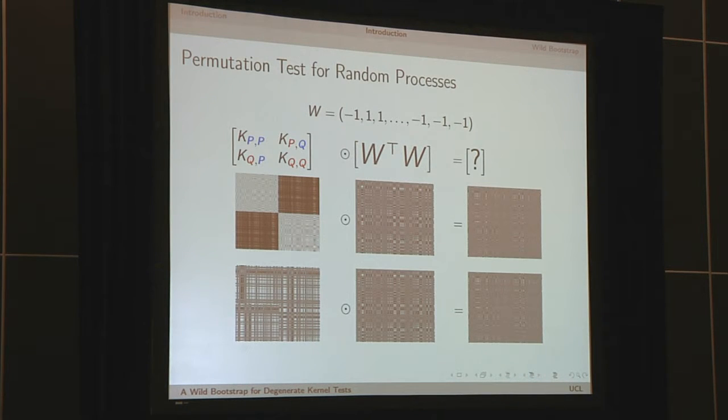What happens if we multiply our Gram matrix with the bootstrapping matrix that is, so to speak, totally random, generated using this random vector W? Well, the bootstrapping matrix that we get from this permutation vector W is very granular, and as a result, we lose this blobby structure.